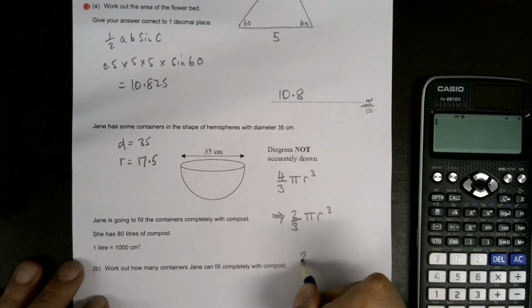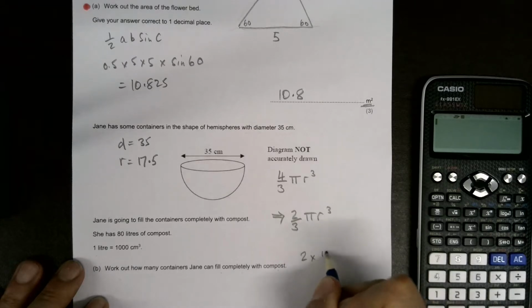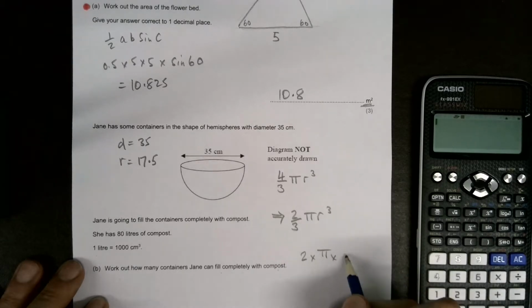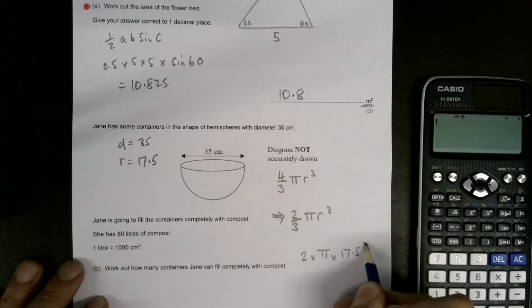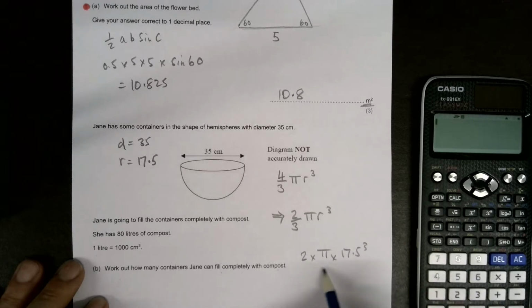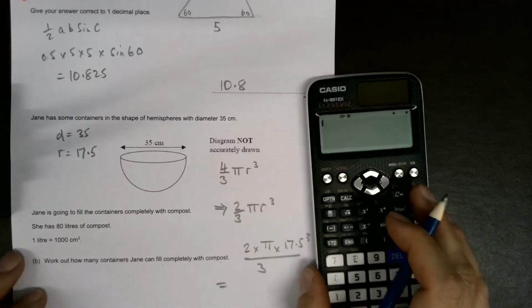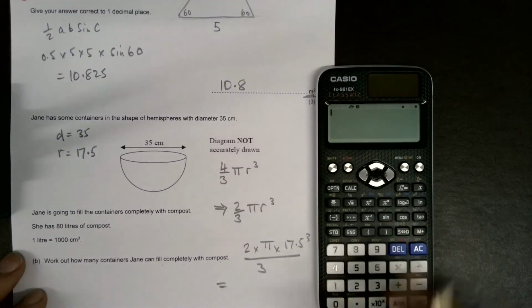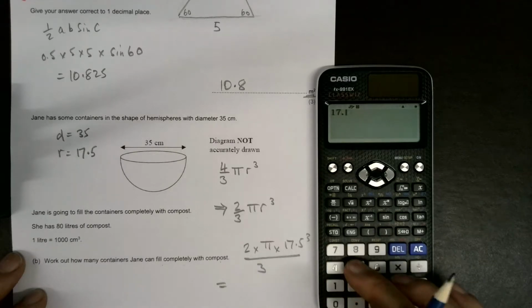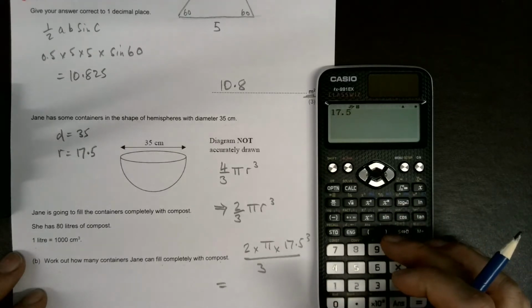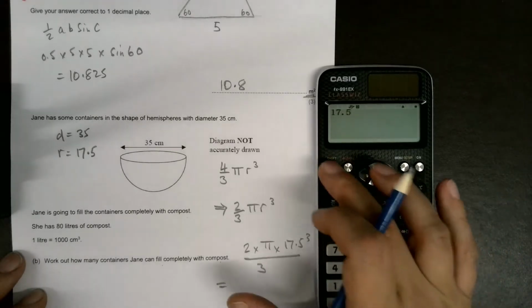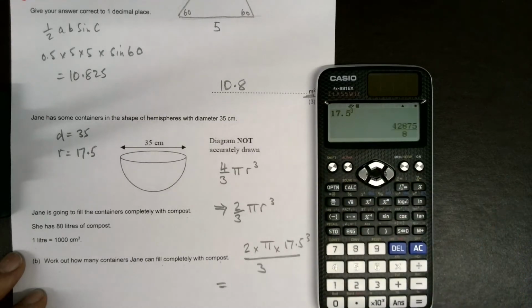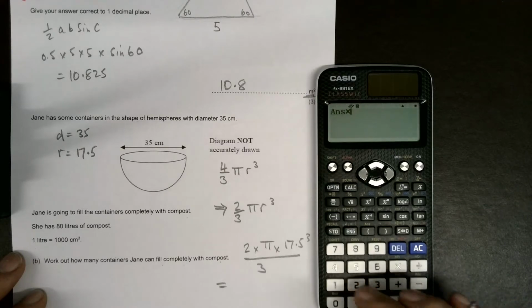So we have 2 times pi times 17.5 cubed, and then divided by 3. We'll use our calculator for that at that point. So I'm going to do the 17.5 cubed first, which is just there, cubed. Then I'm going to times that by 2.